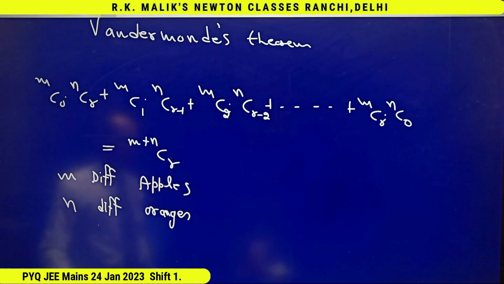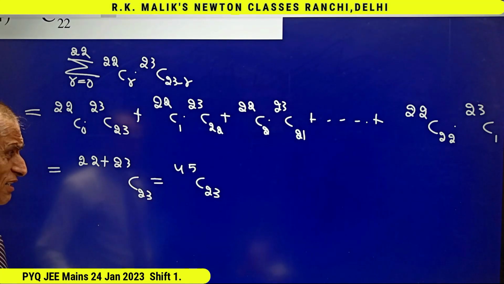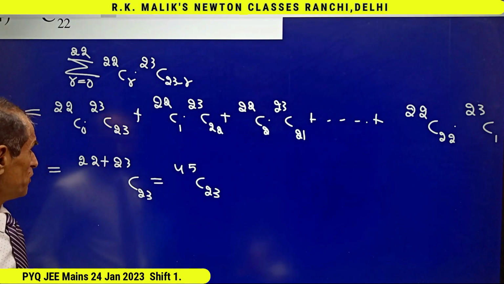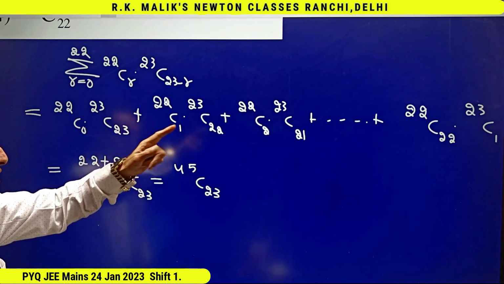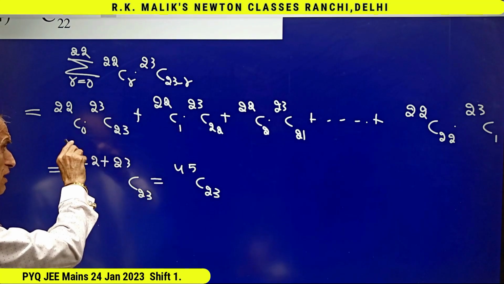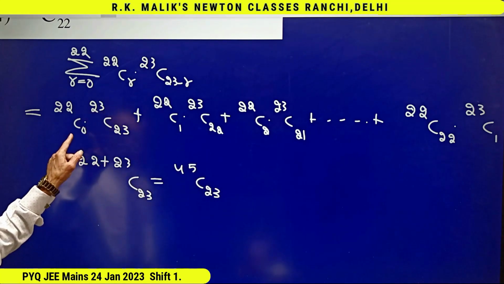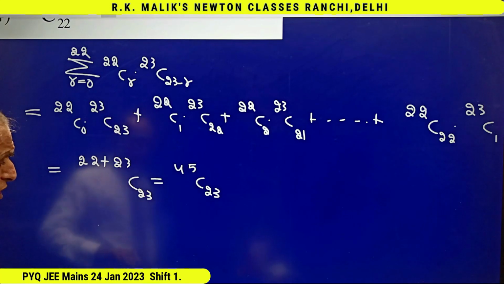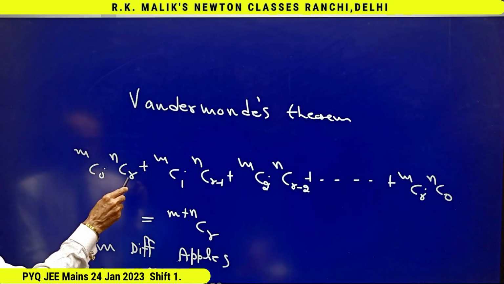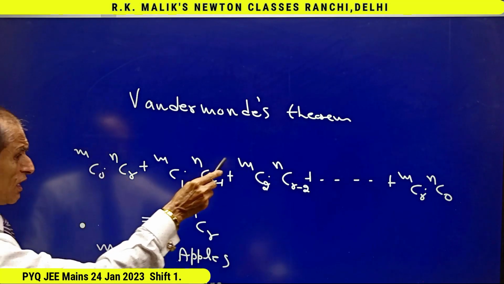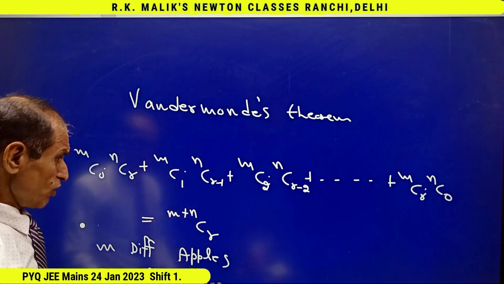But you may be thinking that this question is not exactly in formula form, because the starting point is 0 23, 1 22, and keeping these two numbers in mind, the last one should be 23 here and 0 here. As you can see in the formula, the starting point contained 0 r, 1 r minus 1, and the last point was r 0.